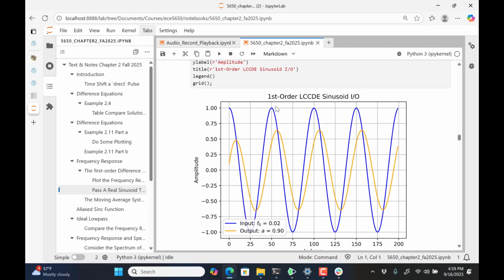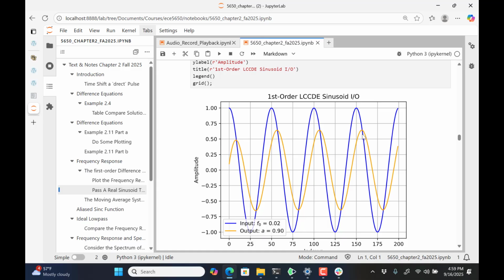The point I want to make from the example I just finished in the notes is that here's the input cosine, the output cosine is phase shifted and amplitude attenuated, and it's in steady state. The transient was right out over here, and it has now passed us by. We've settled, and this is just staying as a sinusoid with a new phase shift and a new amplitude. Is that good? Good to go?